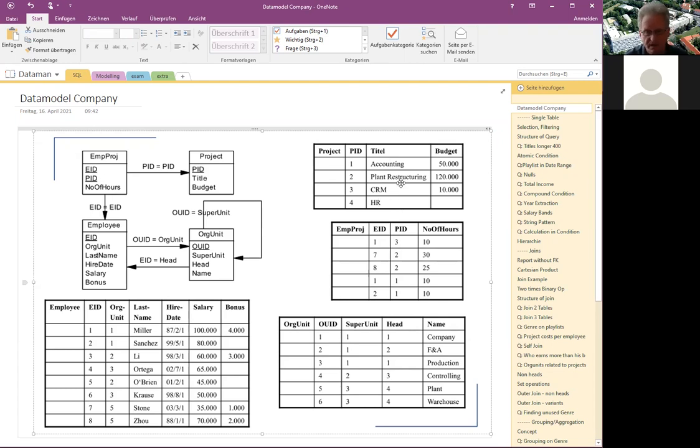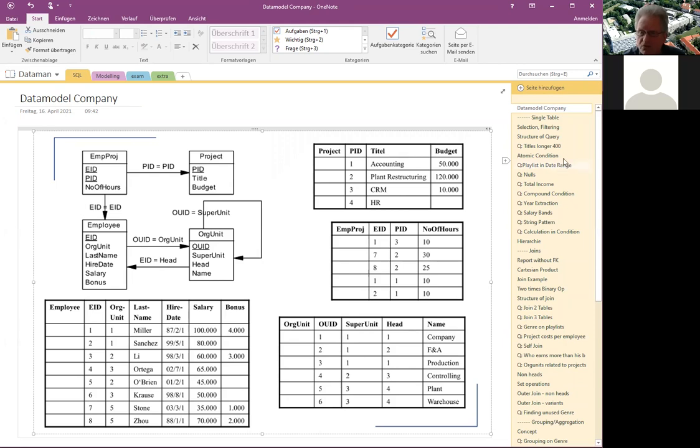And so I have just taken here some examples of possible projects. So you see, we have the projects here. The employee project I will come to in a moment, but let's first get a deeper understanding of these tables we have already seen.